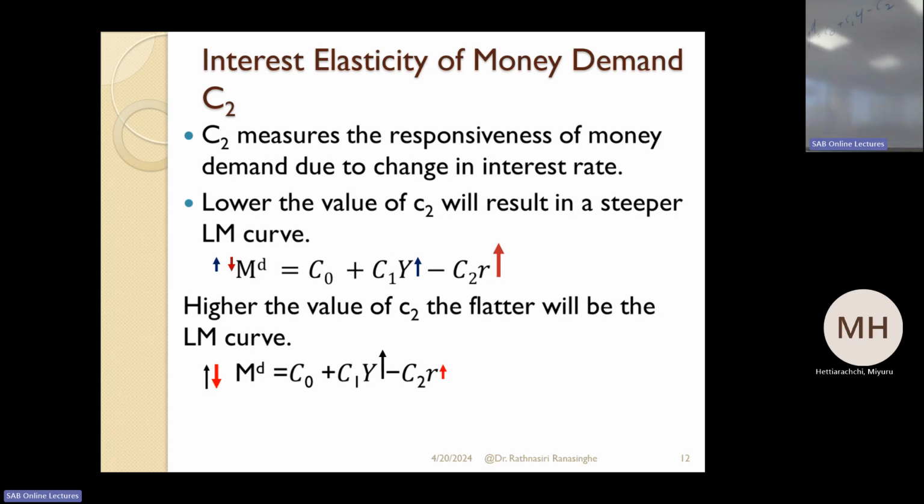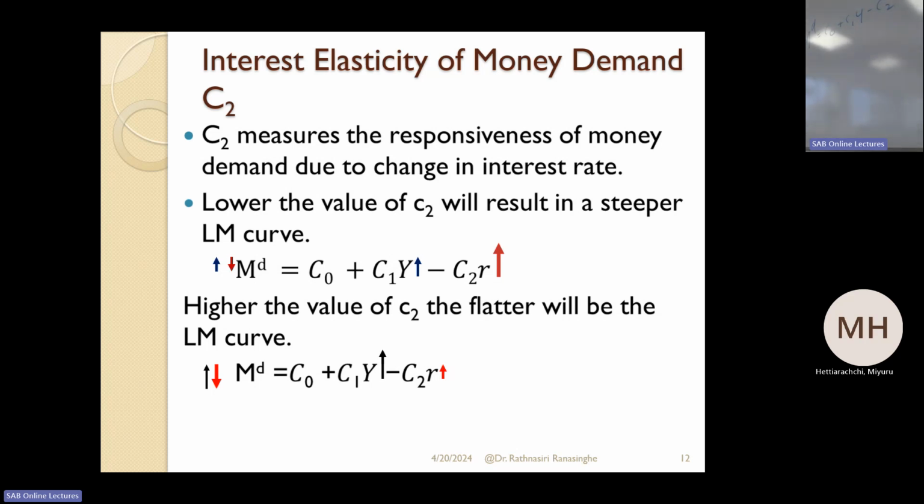So C2 is low, right? Under that circumstance, assume there is a higher rate of change in the interest rate, so the interest rate increases at a faster rate, at a greater percentage. If there is a low C2 value, a low interest elasticity of money demand, what happens?